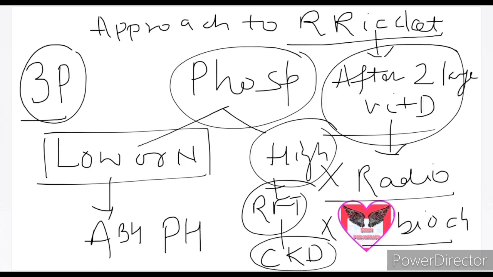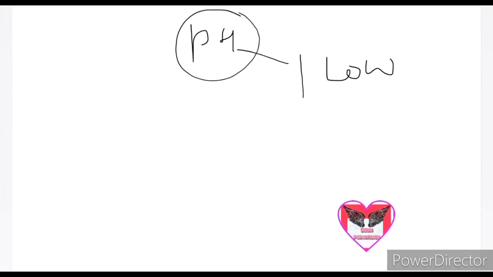Second P is pH. If pH is low, that is showing acidosis, then look for renal tubular acidosis.